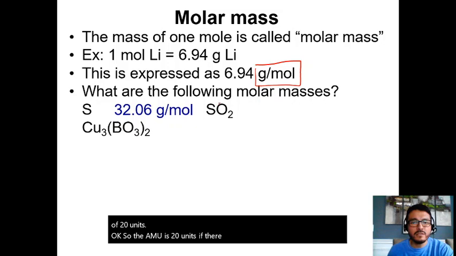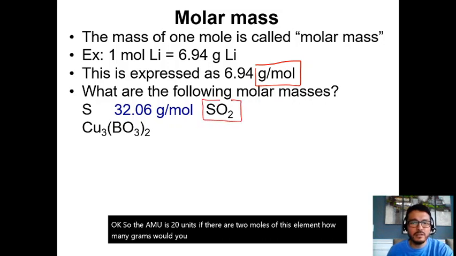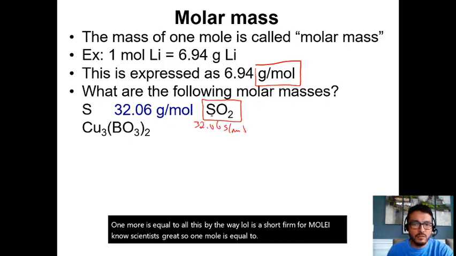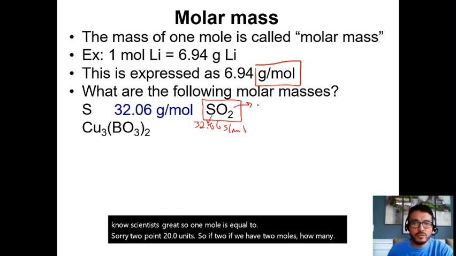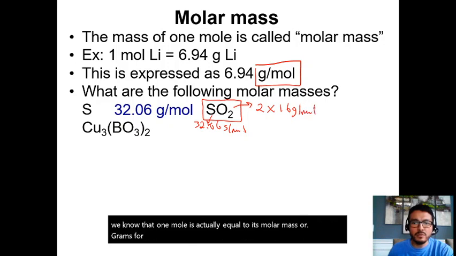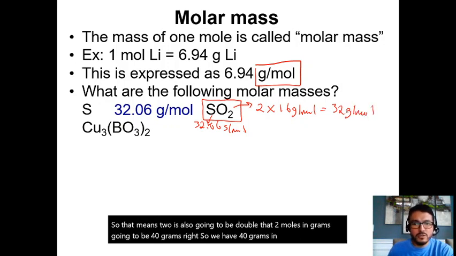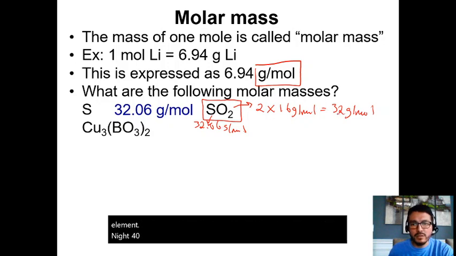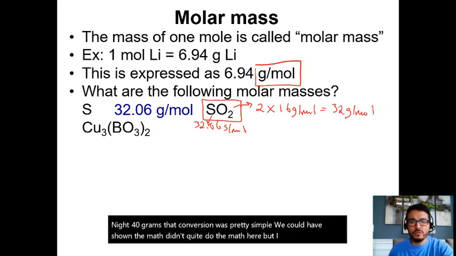Now, to figure out the molar mass of sulfur dioxide, we're going to take that 32.06 grams per mole of sulfur, and we're also going to add, because we have 2 oxygens, where each one weighs, I believe, oxygen has a molar mass of roughly 16 grams per mole. So that's going to be 32. We're just multiplying that by 2, 32 grams per mole. So all we do is we take 32.06 plus 32, and we'll get the molar mass for sulfur dioxide.